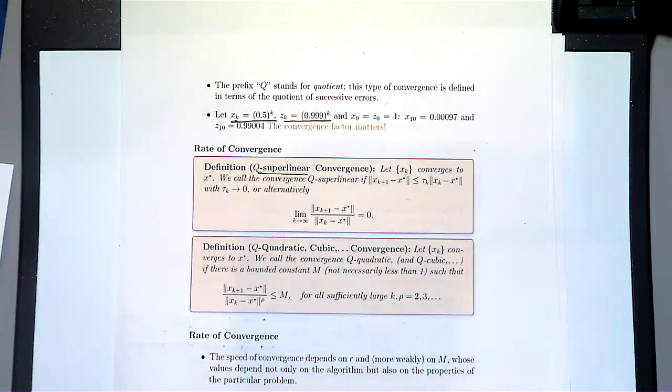We can have Q quadratic, Q cubic, different types of convergence if I have a coefficient rho there. But again, if I start with a converging sequence, as long as this relationship holds for any m, as long as rho is 2, 3, whatever, then we have a cubically or quadratically converging sequence.